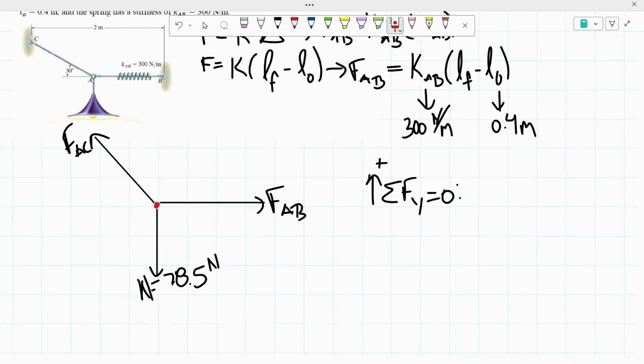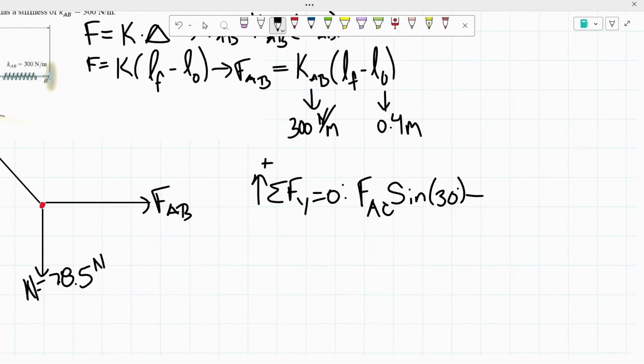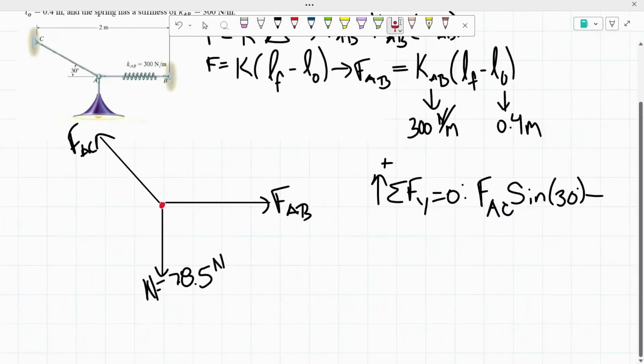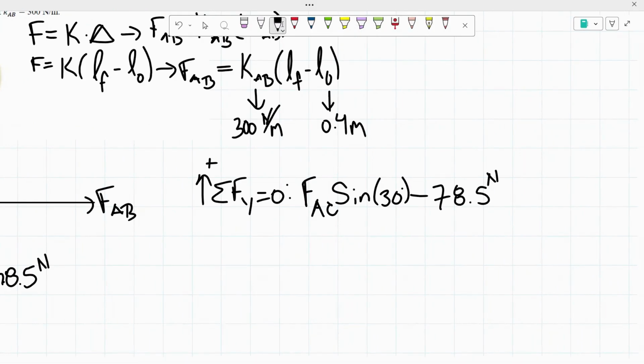So we're going to write F of AC times sine 30. Once again, we're using sine because sine is opposite over hypotenuse, and we're doing the y components. The other y component that we have here is the weight of the lamp, which is 78.5 newtons. So minus 78.5 newtons has to equal 0.